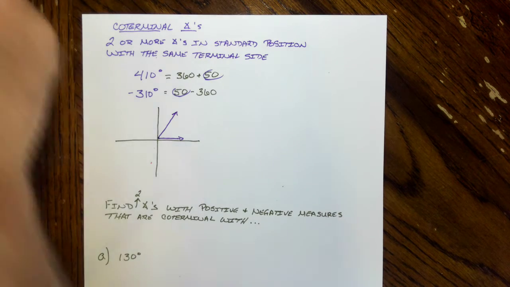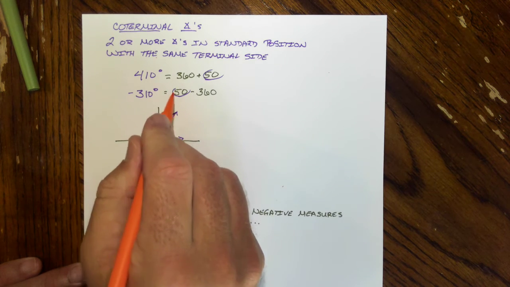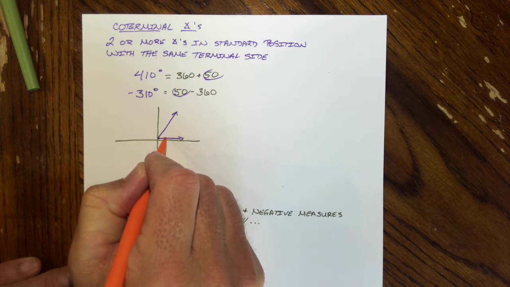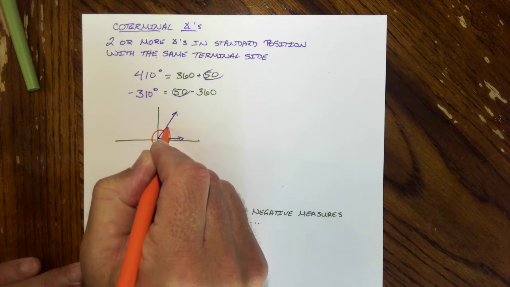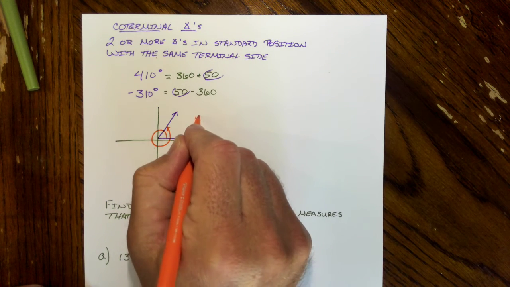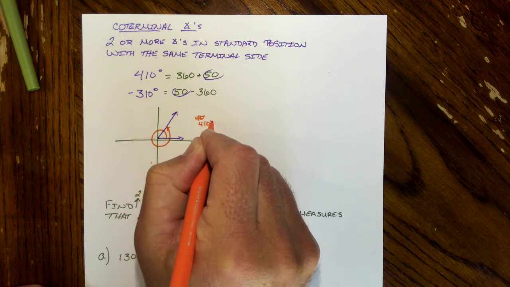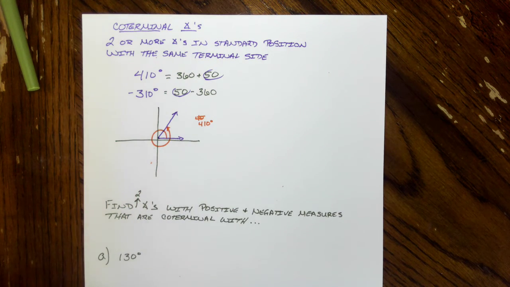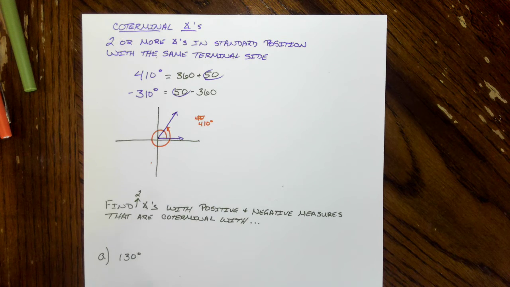I need a 410 degree angle. So what's that mean? Positive, so I'm going counterclockwise. So I'm going a full 360 and then 50 degrees more. So there's 410 degrees. Well, what else do we need? We need a negative 310.